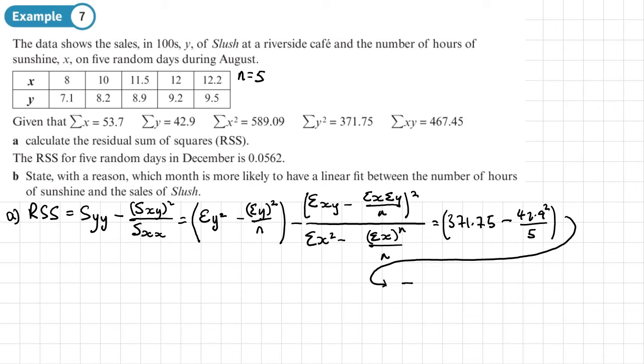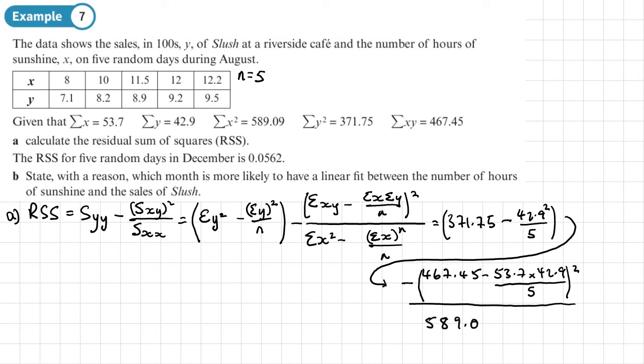So yeah, where were we? Sum of XY 467.45 minus the sum of X 53.7 times 42.9 over 5, and then that is all going to get squared, and we divide that by the sum of X squared, which is 589.09, minus the sum of X 53.7 squared over 5.